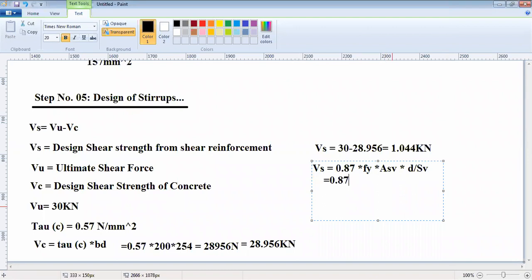This is 0.87, FY is 500, ASV we don't know yet, into D, D is 254, divided by SV, again we don't know that yet.